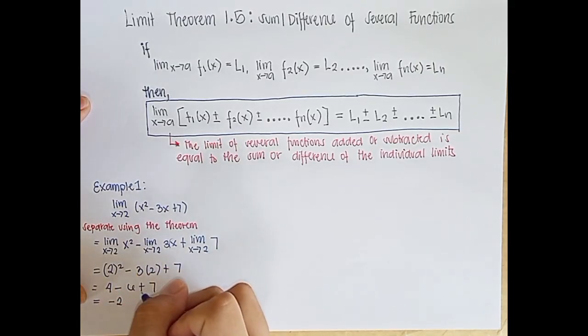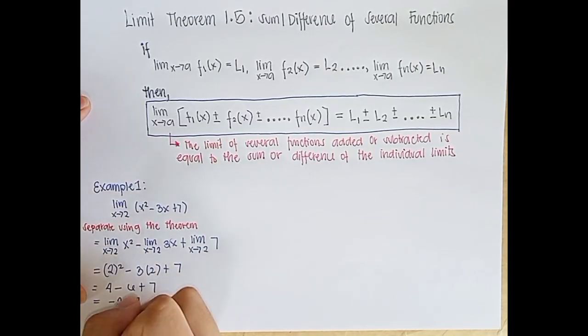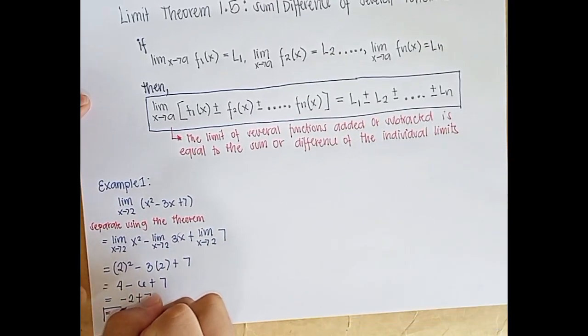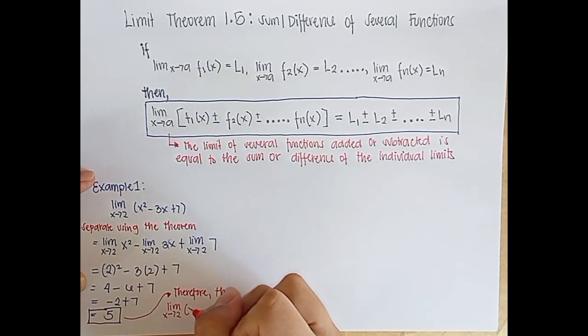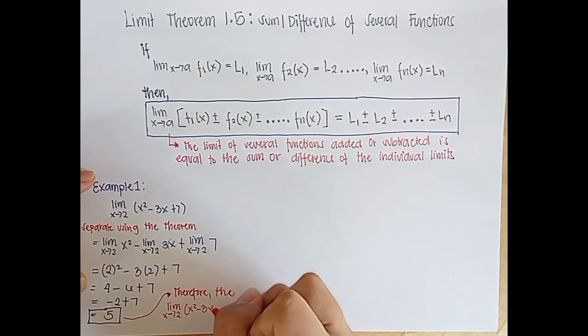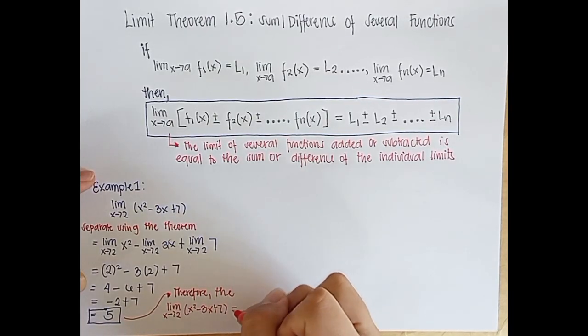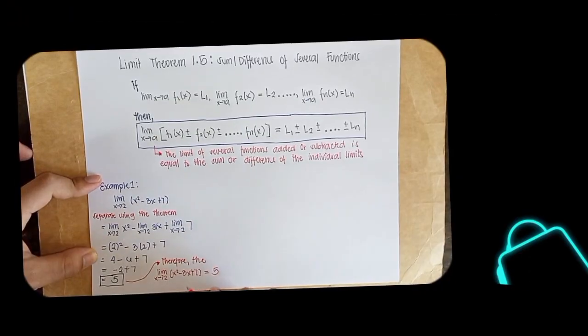So 4 minus 6 is negative 2, plus 7 is simply 5. Therefore, the limit as x approaches 2 of x squared minus 3x plus 7 is equal to 5.